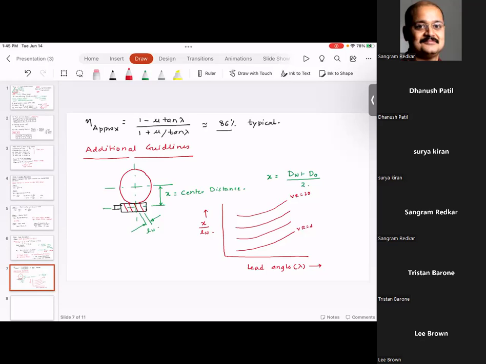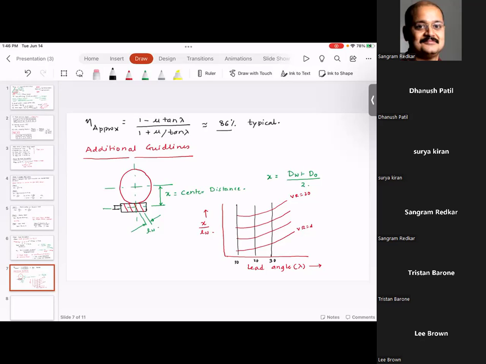And then you have these different lead angles, so 10, 20, 30, and so on.